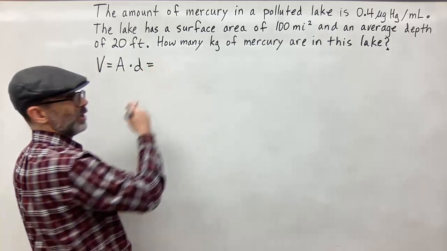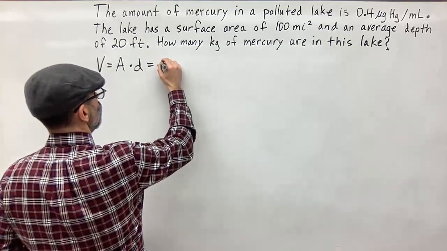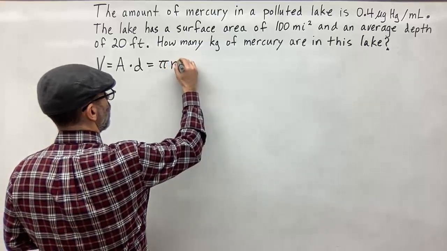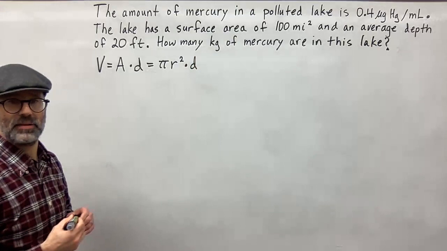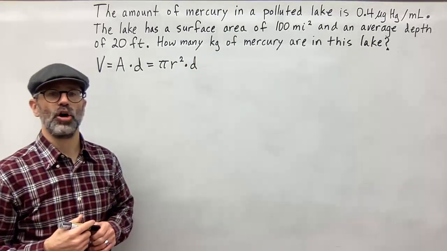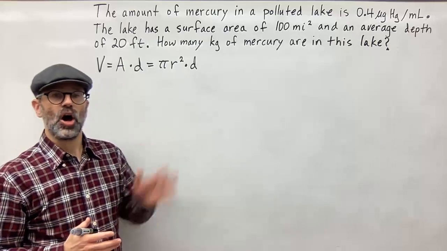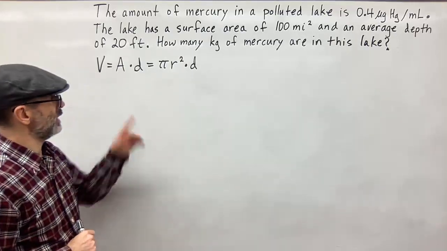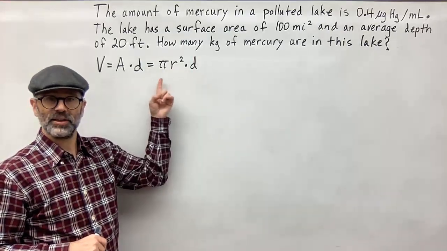We're going to assume that's a circular area, so it's pi r squared. So it would be pi r squared multiplied by the depth of the lake, and that'll give us the volume of the lake. So in this case, all we need to do is find the radius, multiply everything together, and we'll get the volume.